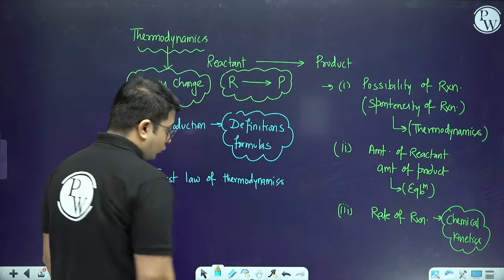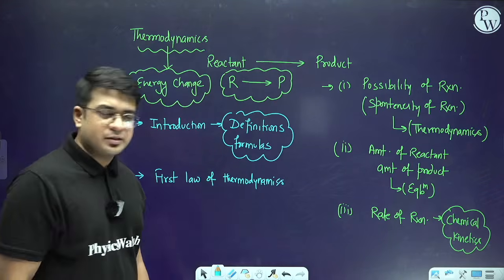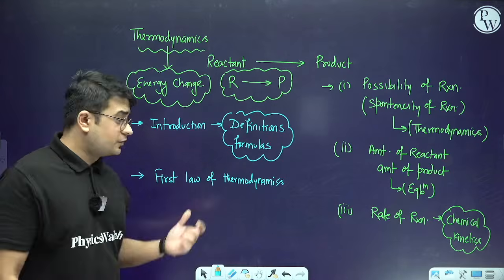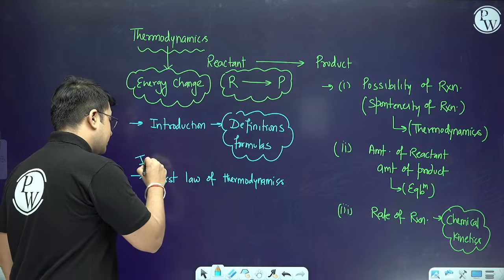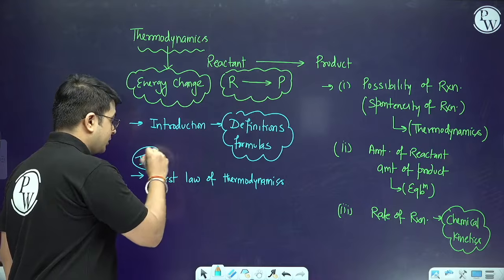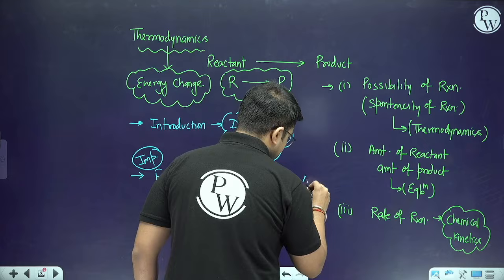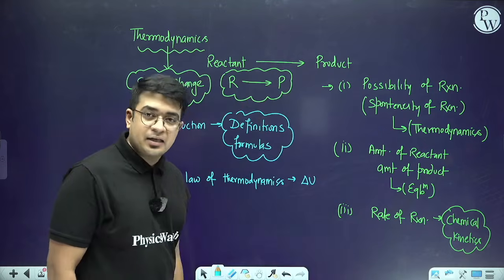Although there is one more law, which is the zeroth law of thermodynamics, that part is very easy to understand. We are going to discuss the first part, which is the first law of thermodynamics, and trust me, this is the most important part, because in this case you are going to deal with delta U, which is internal energy change.